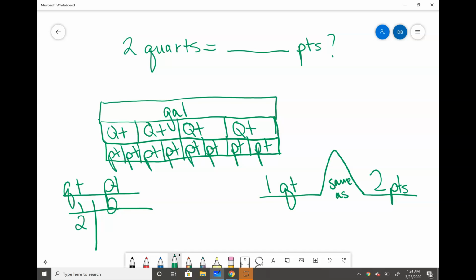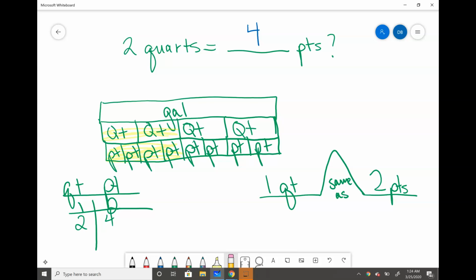So then 2 quarts must have 4 pints. Let's see, 2 quarts equal to 4 pints. So the bar model is very, very helpful. We can see here that our answer is definitely 4 pints.